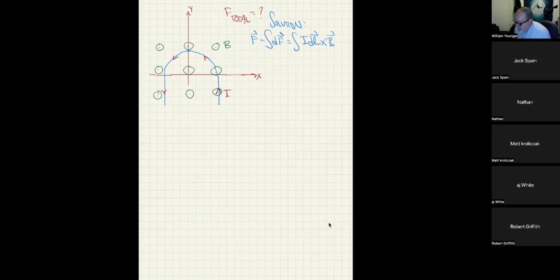Okay. So if you examine this first part right here, part 1, and then the second part, part 2, what you'll see is basically F on part 1, I dL would point up, B points out, so it'll be to the right.